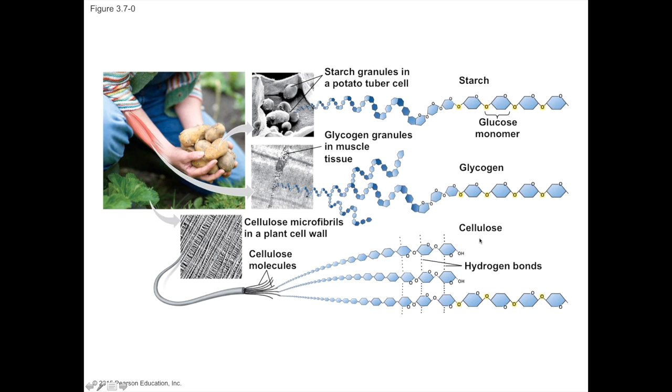Let me give you an example. Corn, okay? Let me draw some corn. Just imagine a corn kernel. The outside is that capsule, right? That outside of the corn is the cellulose. What's inside of the corn, though, is starch.